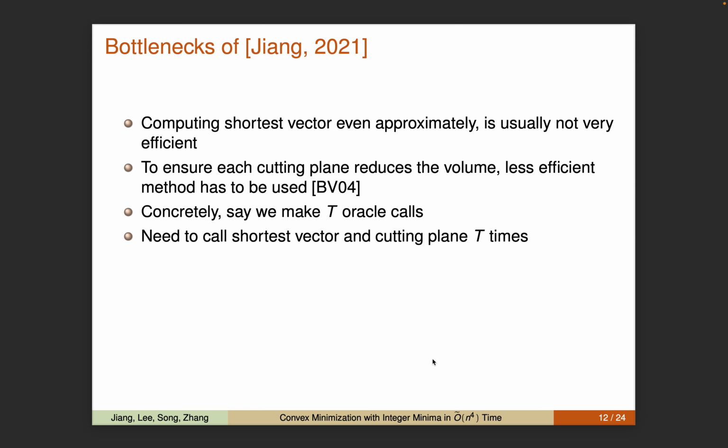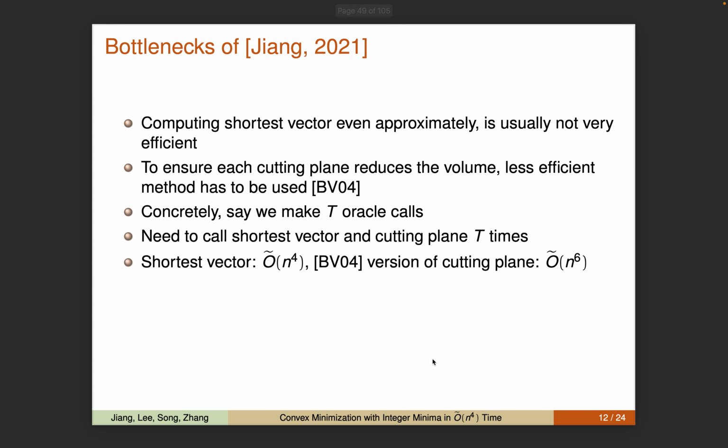His algorithm needs to call the shortest vector and the cutting plane T times. For the shortest vector, it's roughly n to the 4th power time, and for the cutting plane, it's on the order of n to the 6th power. Even though your T can be subquadratic, because you have additional log factors in this algorithm, this still leads to an n to the 8th power operations algorithm.